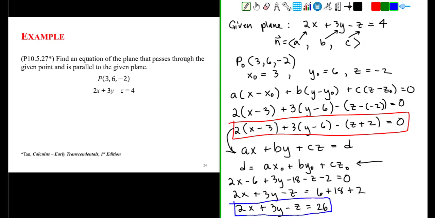This is an equation of the plane that is described by the given point and by the vector normal to another plane to which it is parallel.